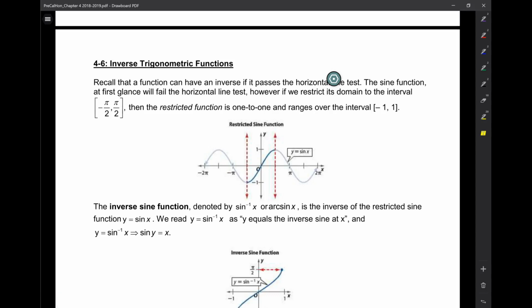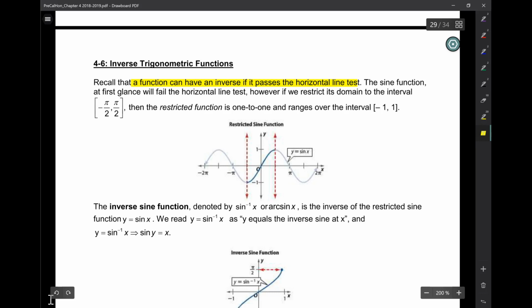So now that we've graphed and we've learned how to evaluate all of these functions, now we're going to talk about what an inverse trig function is and what it looks like. First of all, remember what you learned in Algebra 2: a function can only have an inverse if it passes the horizontal line test.